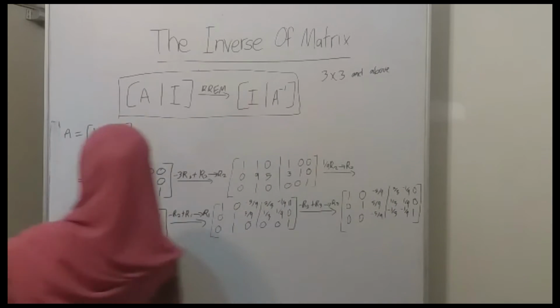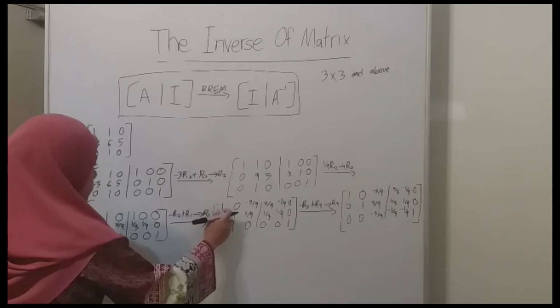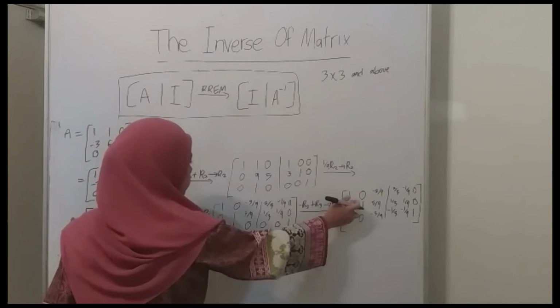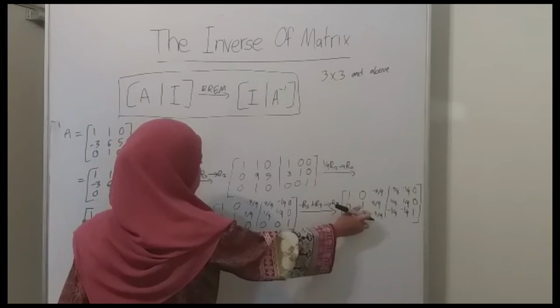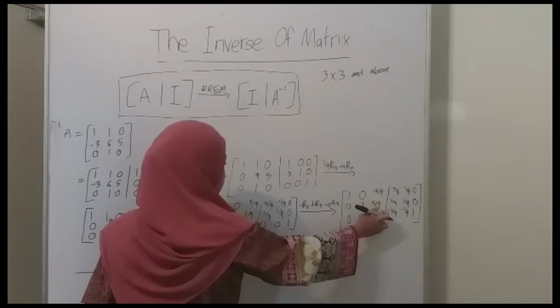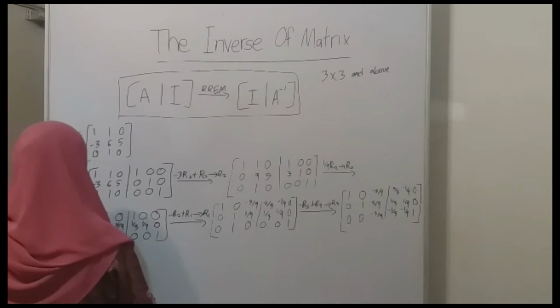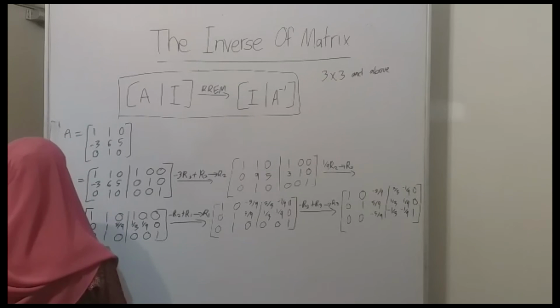So the next step, this is already leading 1. This is already leading 1. This column already has a leading 1. So we want to make this negative 5 over 9 into 1 so that it can be a leading 1. So we multiply by negative 9 over 5.